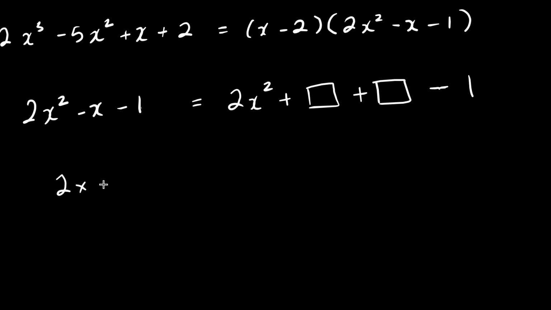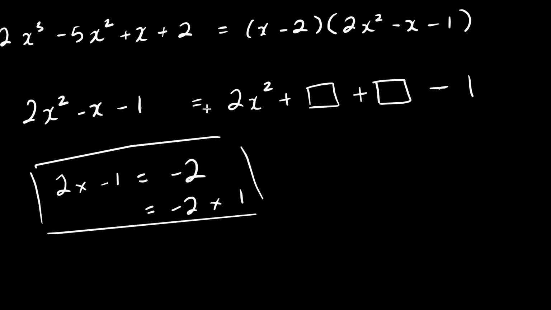So 2 times our negative 1 is going to give us negative 2. And I want the factors of negative 2 that sum to negative 1, so I can replace a single term with 2 of them. So I could use negative 2 times a positive 1, right? That works. So instead of having 2x squared minus x minus 1 being equal to just 2x squared and any random term, I'm going to put minus 2x plus x minus 1.